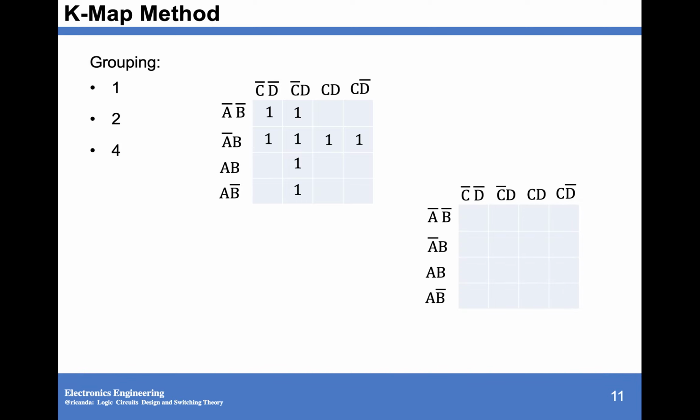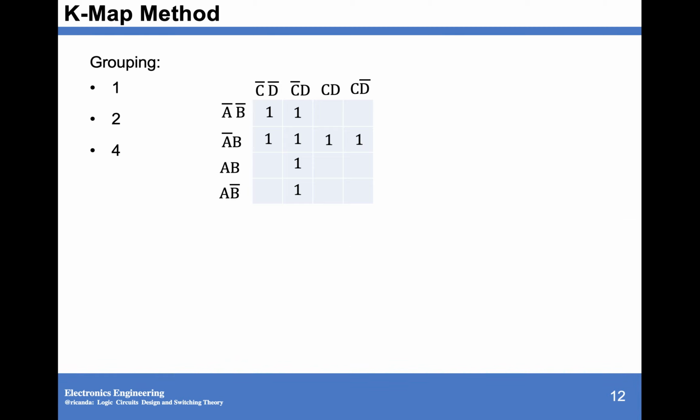If this is our map, and we group column 1, row 1 and row 2, then A bar will remain, since B changes from complement to true. Rows 3 and 4, we have A. Then if we have row 2 with row 3, we have B. Row 1 with row 4 is equivalent to B bar. Columns 1 and 2, C bar. Columns 3 and 4, C. Columns 2 and 3 is D. Then columns 1 and 4 is D bar.